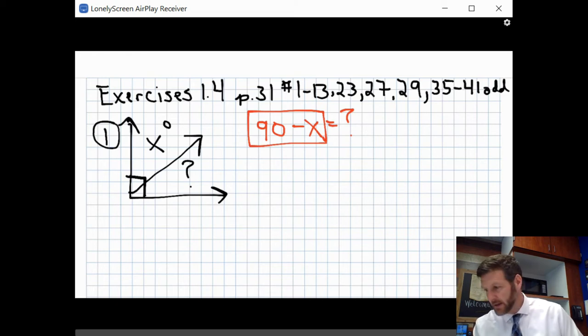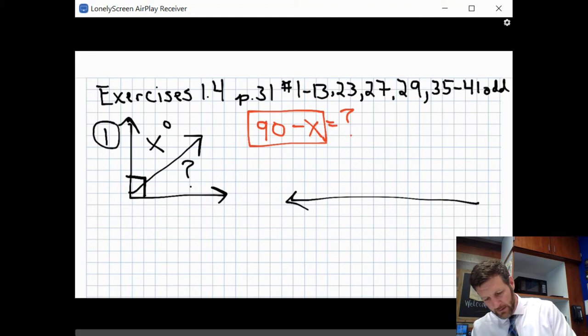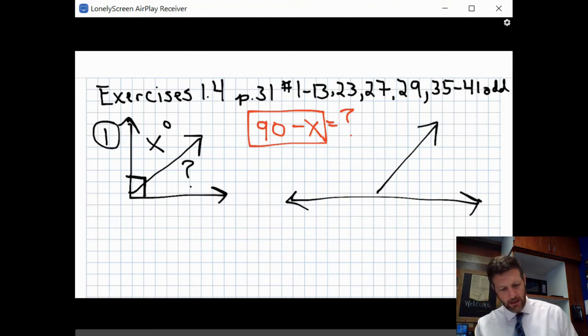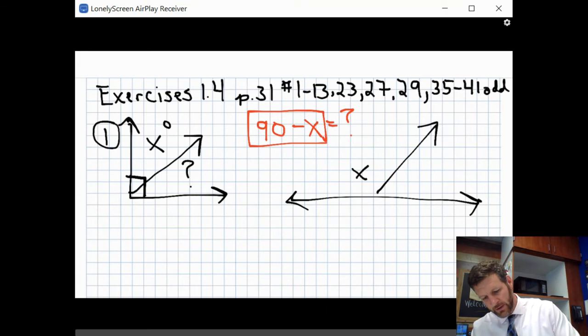And then it's the same concept when it says, what about the measure of its supplement? So if we have supplementary angles, I'll draw it over here. We have two angles there, and they tell you this one is worth x degrees. What is this one? Same idea, except you're not subtracting from the same amount. The total here, unlike the one on the left which was 90, is 180.